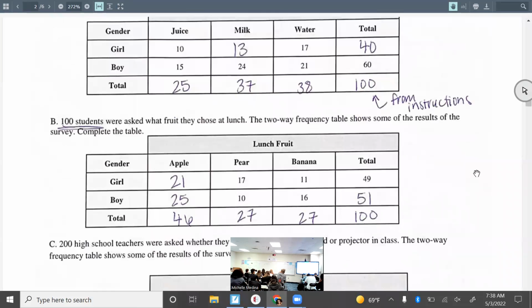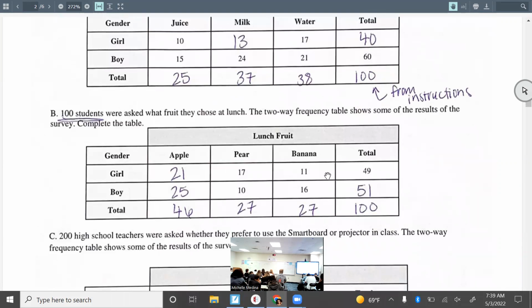All right, scrolling down then. Here's part B. Again, 100 students were asked. So the 100 should be in the grand total box. You could have started there. Or you might have found the pear total, the banana total, the girls who chose apples, and so forth. But if you got stuck, read the instructions.